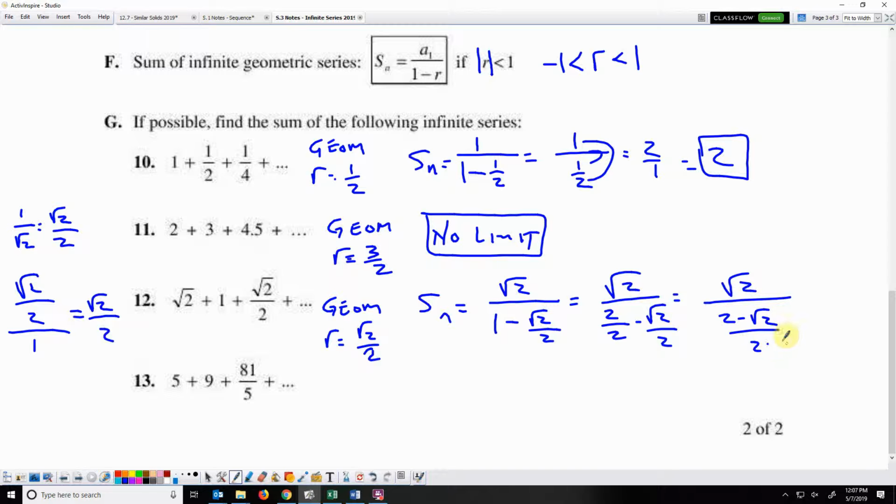So our outer loop is 2 root 2. Our inner loop is 1 times 2 minus root 2. We cannot simplify because there's not a 2 outside here, there's not a root 2 here. So to rationalize the denominator, I can multiply top and bottom by the conjugate of the denominator, 2 plus root 2.